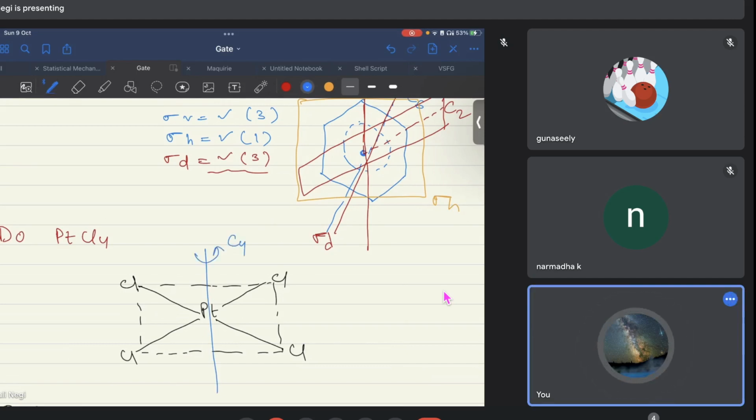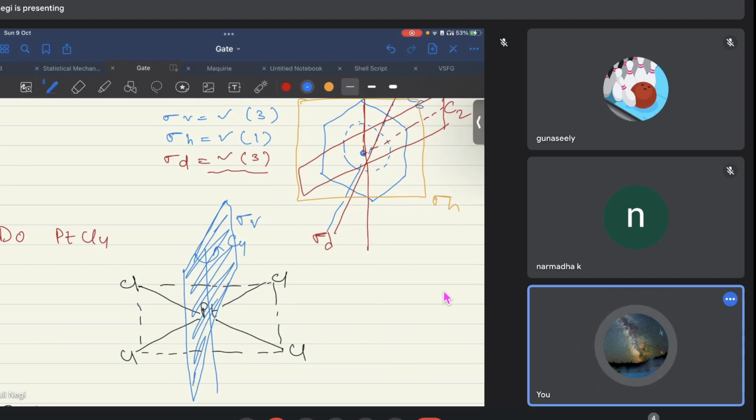C4 means it will do a rotation of 90 degrees, correct? So this will do the rotation of 90 degrees. Now this particular principal axis which is passing through the center will have some planes. If I say this will be sigma v. Why?